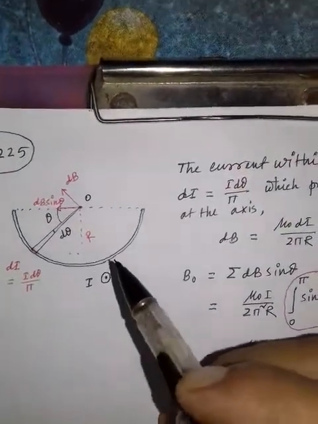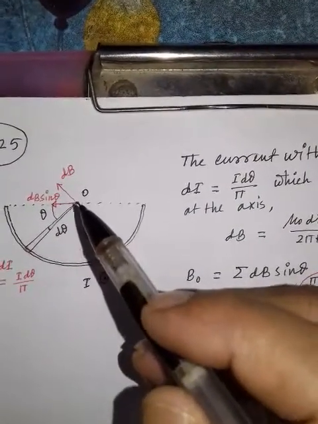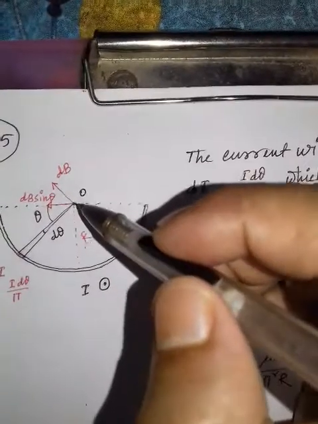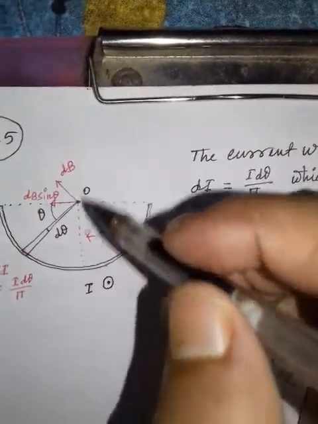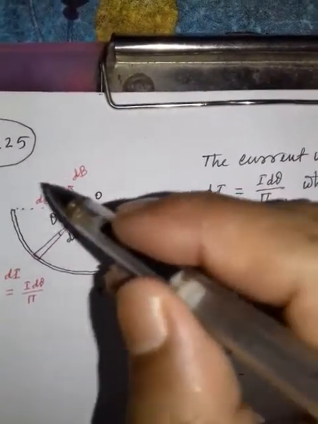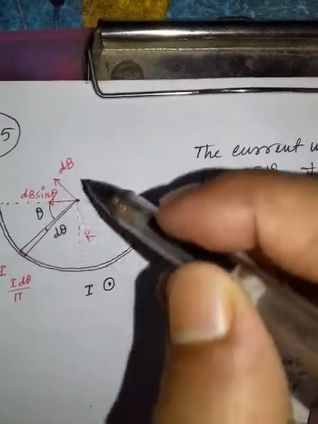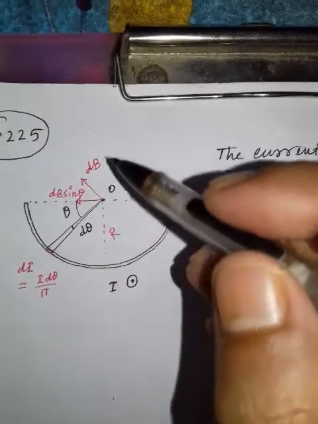So the resultant field at O must be the sum of the component dB sin theta, because dB cos theta components cancel out. dB cos theta of this portion is upward and dB cos theta of this portion is downward. They cancel out.